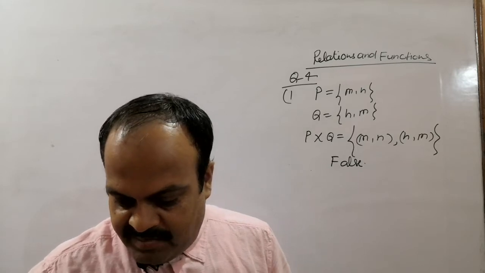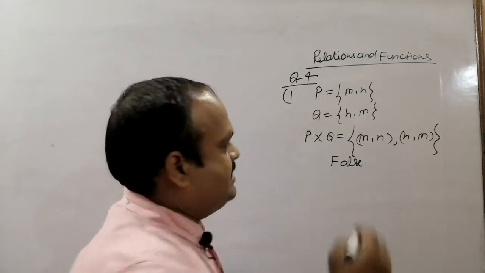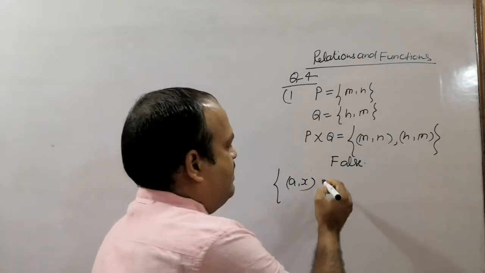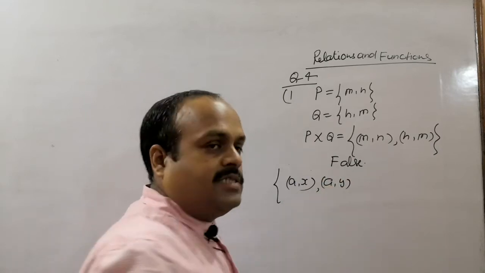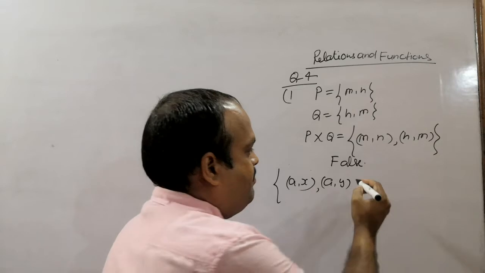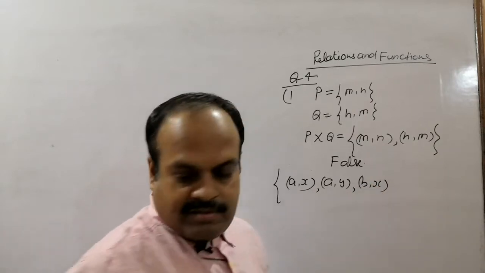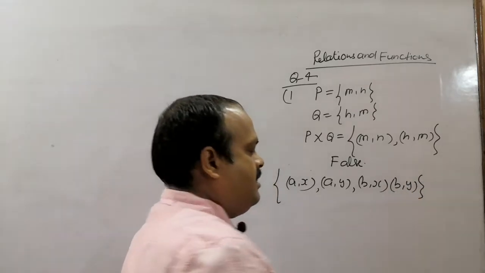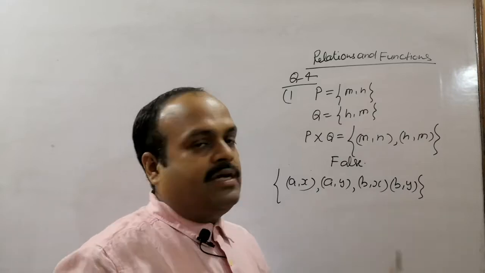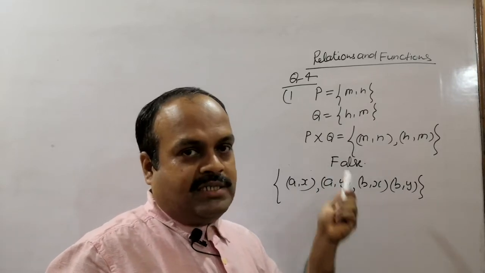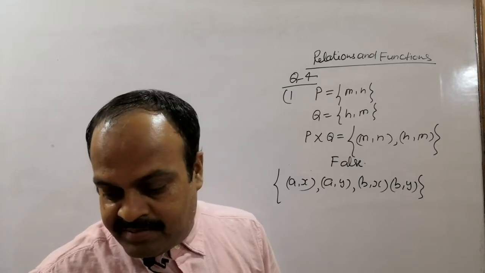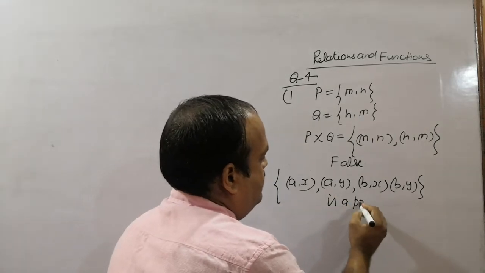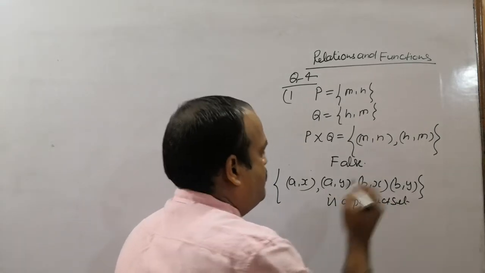Second, a set of ordered pairs (A, x), (A, y), (B, x), (B, y), a set of 4 elements of ordered pair types, is a product set.